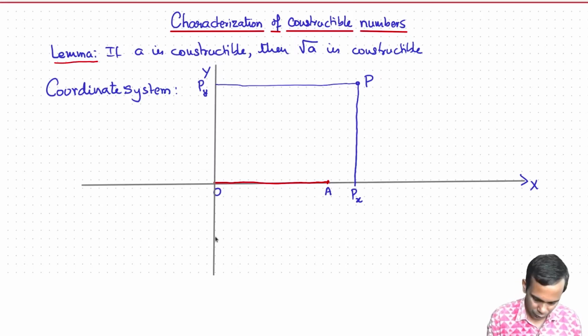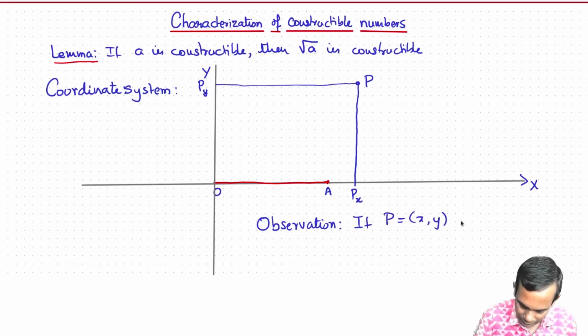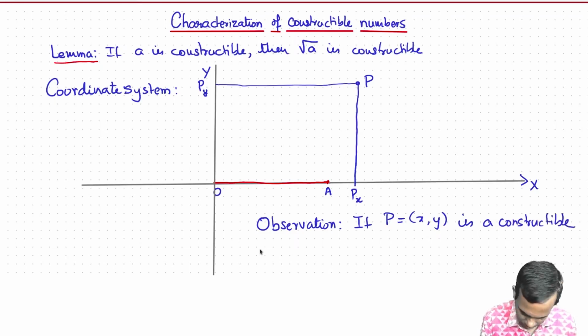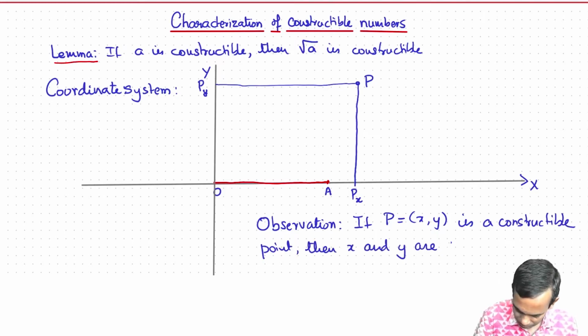So what we observe here, maybe I'll just call it an observation: if P equals (x, y) is a constructible point, then x and y are constructible numbers.